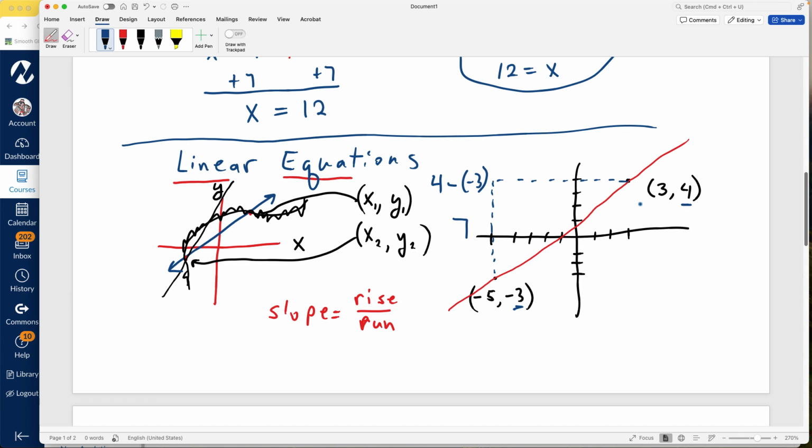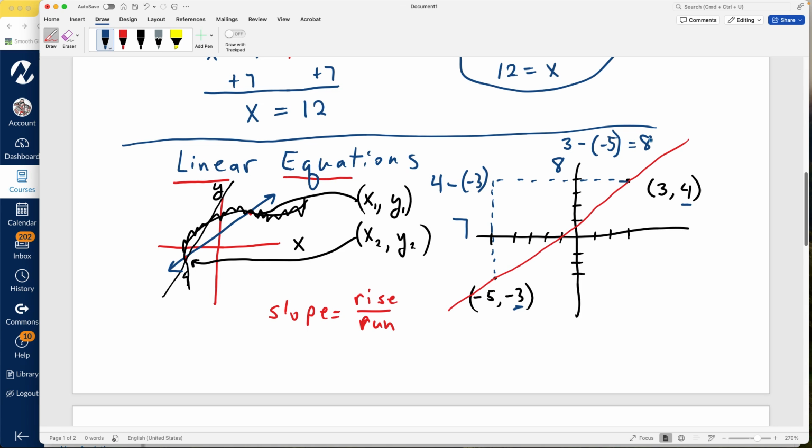To get how far over, again, I could count 1, 2, 3, 4, 5, 6, 7, 8. Also, for the distance between two values, I could do one subtraction. So I'll do this one as 3 minus negative 5, which is going to give us 3 plus 5, which gives us that 8.